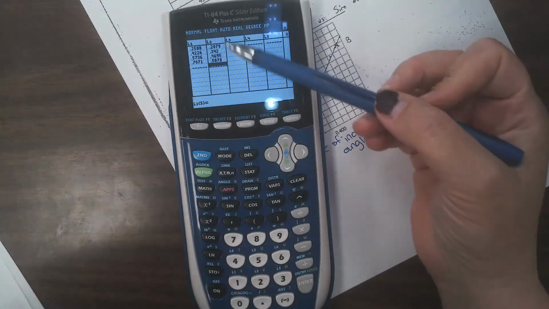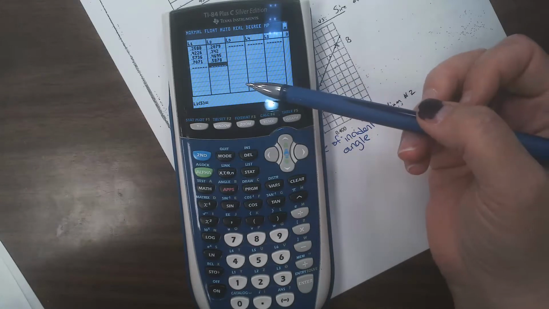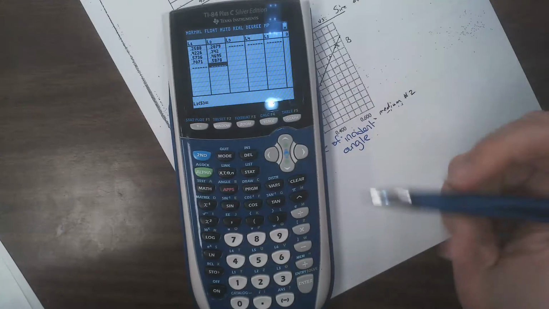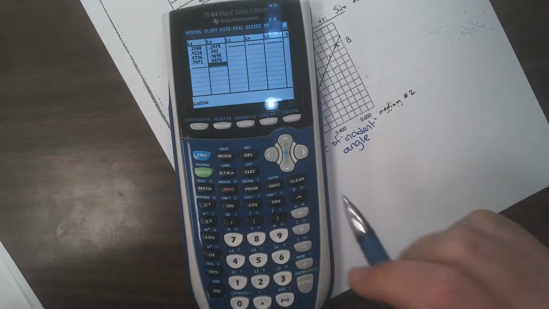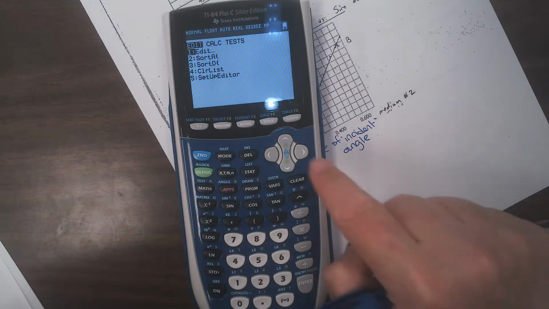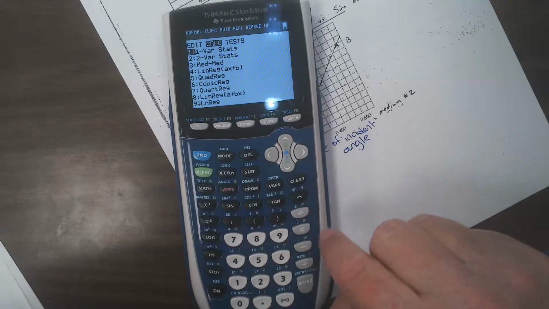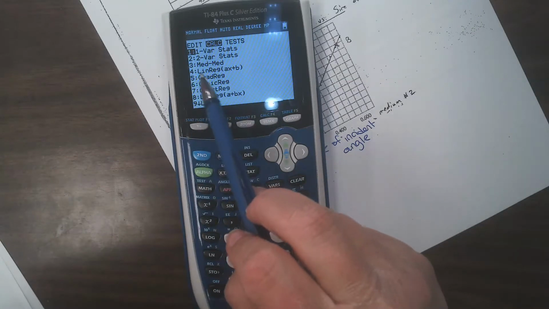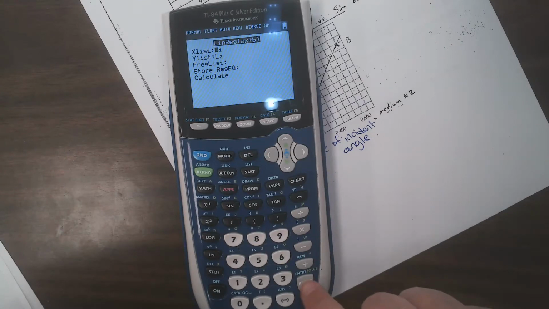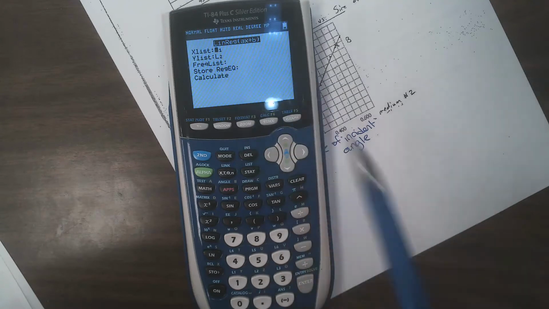Okay, so we've got all of our data entered in. It looks like it's right. I apologize if there's an error. Okay, now what we can do is go back to stat. We're going to go over to calc, and we're going to go down to number 4, which is linear regression. And we're going to say, yes, x is my L1, y is my L2.